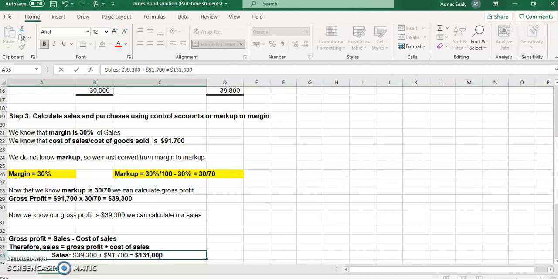Remember that we are coming from previous concepts that were taught to help us calculate our sales figure. Since we know our gross profit, and previously we were taught that sales minus cost of sales equals gross profit, it is safe to say that our sales will be equal to the gross profit plus our cost of sales.